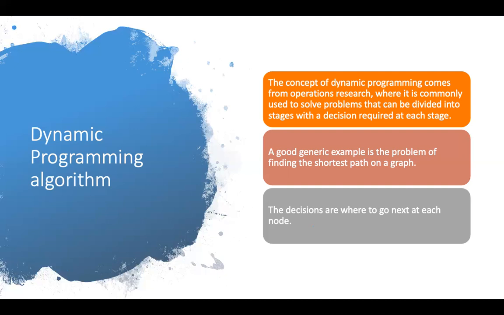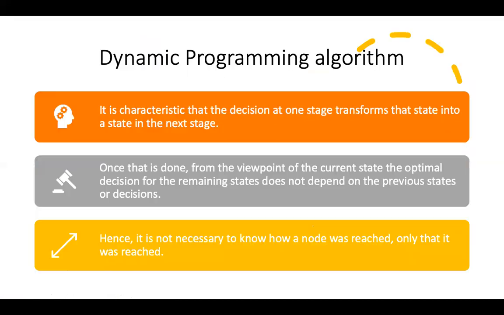The decisions are where to go next at each node. It is a characteristic that the decision in one stage transforms that state into a state in the next stage. Once that is done, from the viewpoint of the current state, the optimal decision for the remaining stages does not depend on the previous states or decisions.